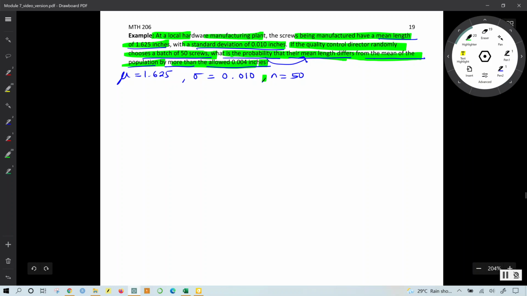We note that since the sample size is greater than 30, any probability connected with the mean will be approximated by the normal distribution. So it means the sampling distribution will have a normal distribution.